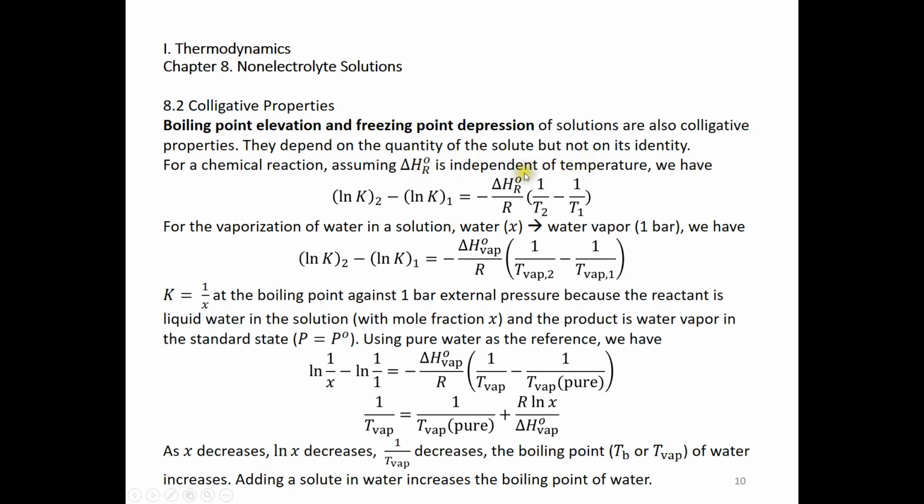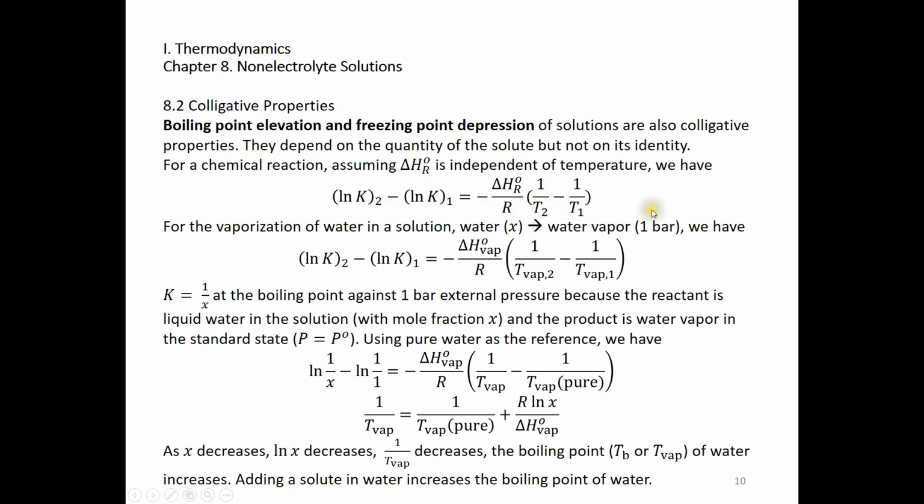In that case, we can write out this equation, ln K2 minus ln K1. So we're looking at the difference between the logarithms of the equilibrium constant at temperature 2 versus temperature 1. It's equal to negative enthalpy of reaction over R, multiplied by the difference between 1 over T2 and 1 over T1.